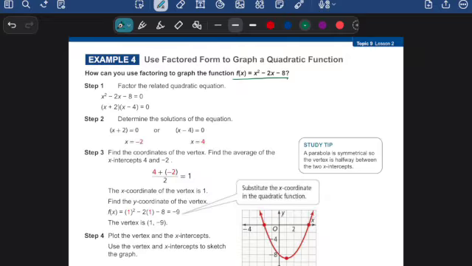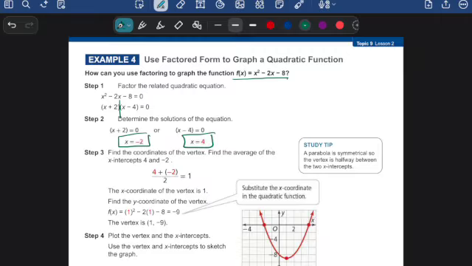Okay, so we can factor that and set it equal to 0, because when we are graphing a quadratic function, we're looking for where they cross the x-axis. So take your function, set it equal to 0, and then use zero product property, split the binomials, set each binomial equal to 0. You find the solutions, or the zeros. You have found the x-intercepts.